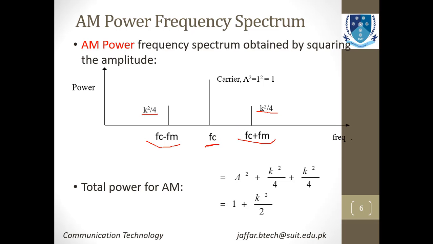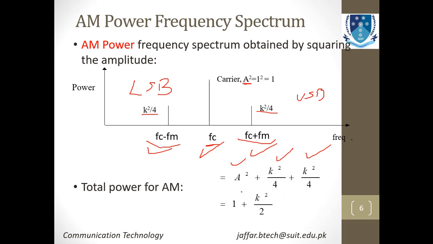So the total power will be the power consumed to send this, the power consumed to send this, and the power consumed to send this. So there will be three powers. The power consumed to send the carrier will be equal to a square, and both the upper sideband USB and the lower sideband LSB also consume power for transmitting, and the power is equal to k square by 4.